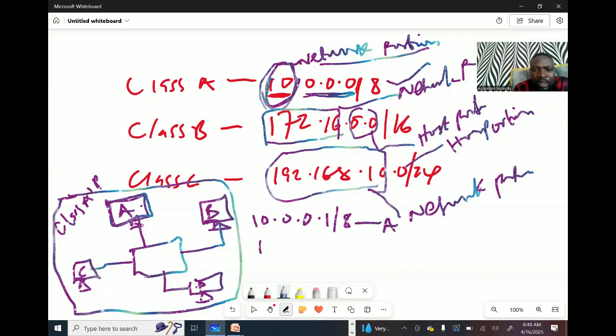System B will be 10.0.0.2/8. This is for our system B.